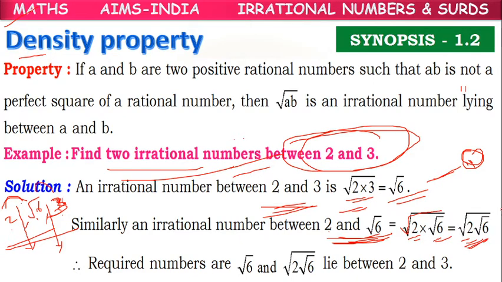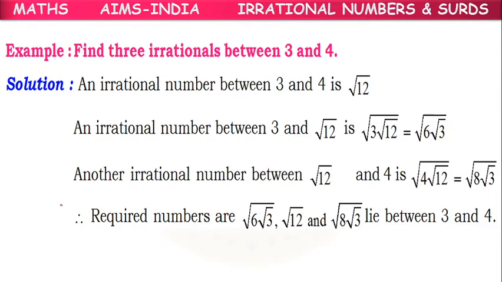This irrational number lies between 2 and root 6. So root 6 is the first irrational number, and root 2 root 6 is the second. These two irrational numbers lie between 2 and 3. Like that we can find countless, that is infinite, irrational numbers between two given rational numbers.